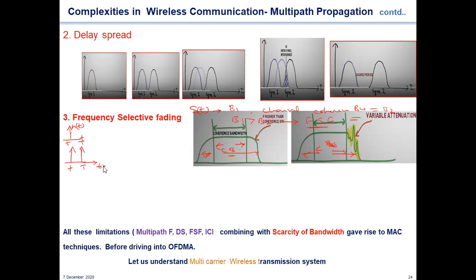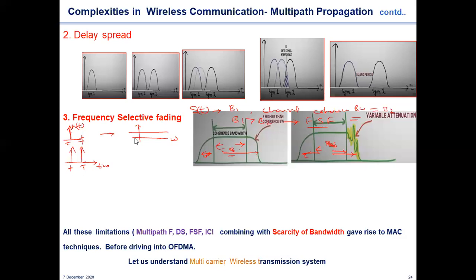So for a single path, this is the impulse and this is the impulse response amplitude. It is flat, because it contains all the frequencies with equal amplitude. This is flat fading, because it may go up or down, but it's flat.